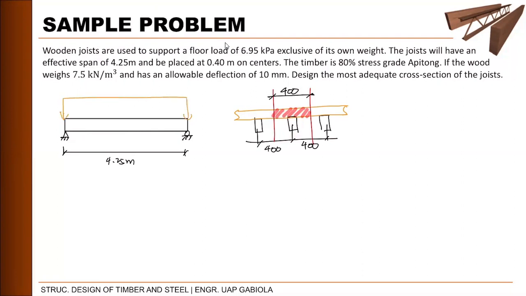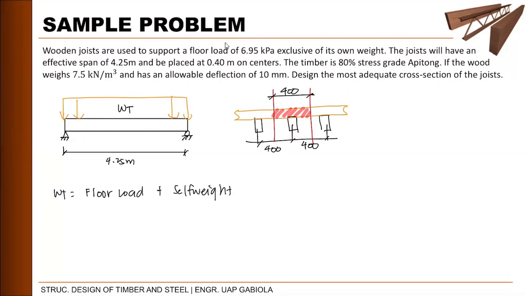Ano yung meron dyan sa loading natin na yan? Yung loading natin na yan is magiging yung WT natin, yung total. And anong consideration ng WT natin? Yan yung floor load natin plus yung self-weight nung mismong joist natin. But the problem is, wala tayong cross-section again.